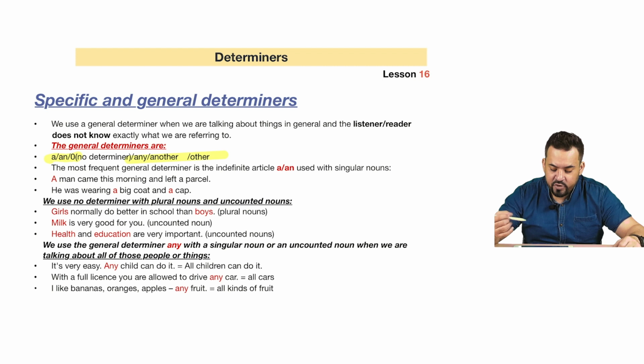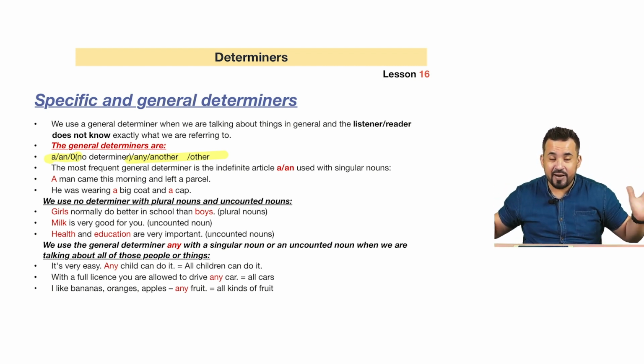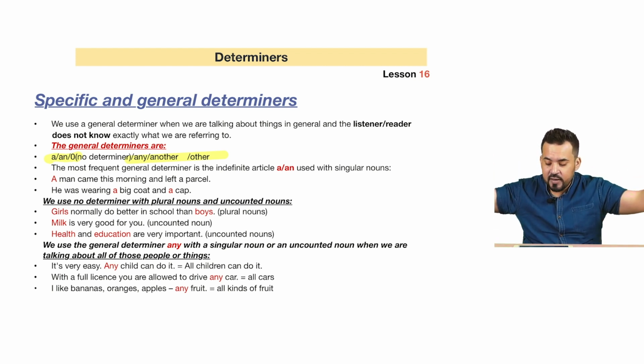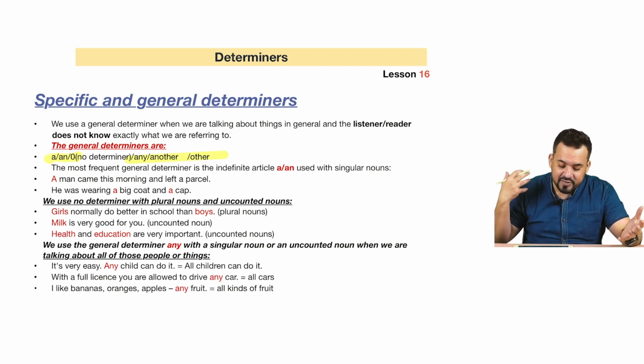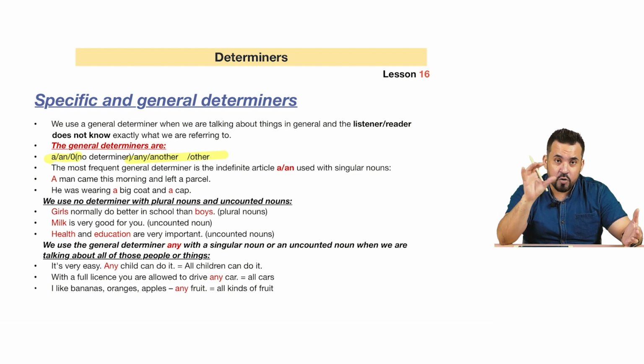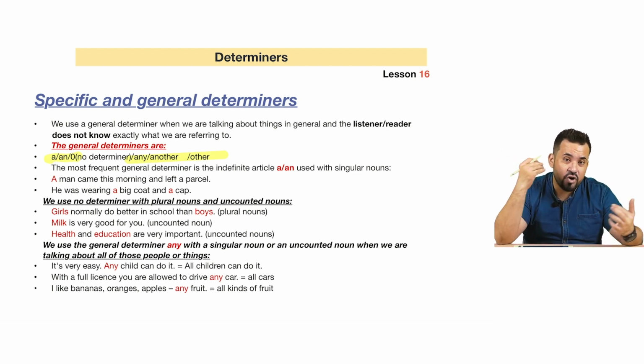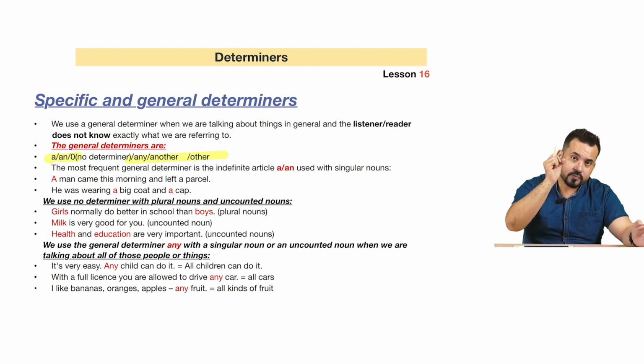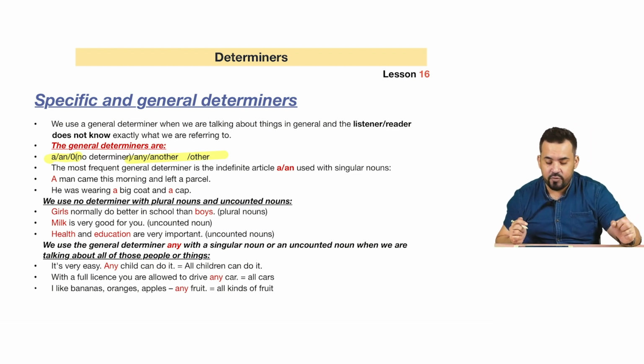We use general determiners when we are talking about things in general, not specific things like the first type. And the listener or reader does not know exactly what we are referring to. If the listener knows what we're talking about, then we use specific determiners.